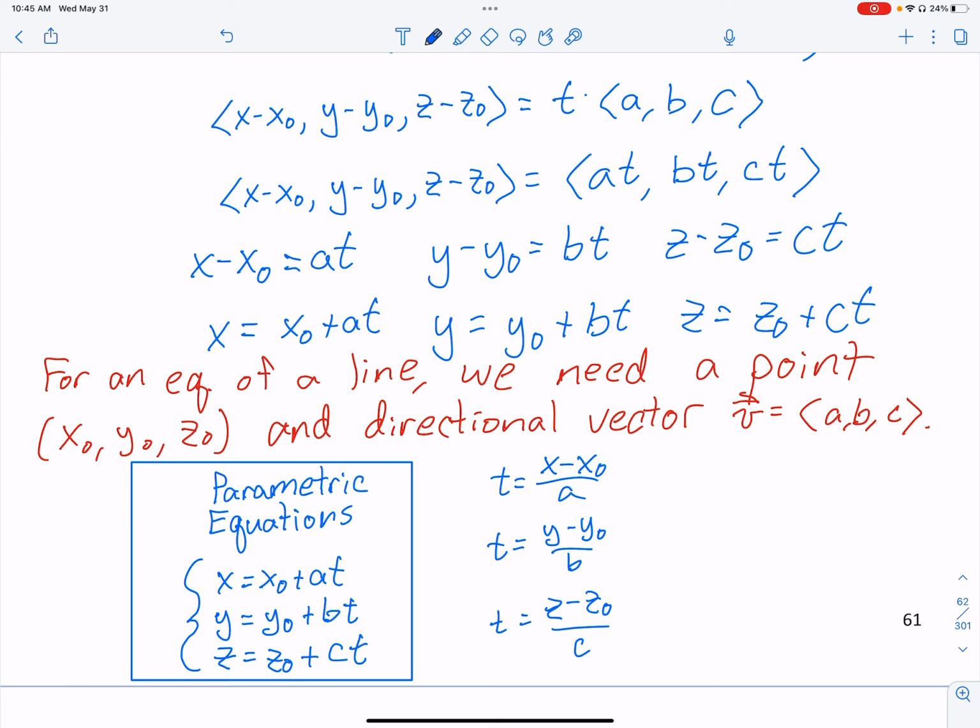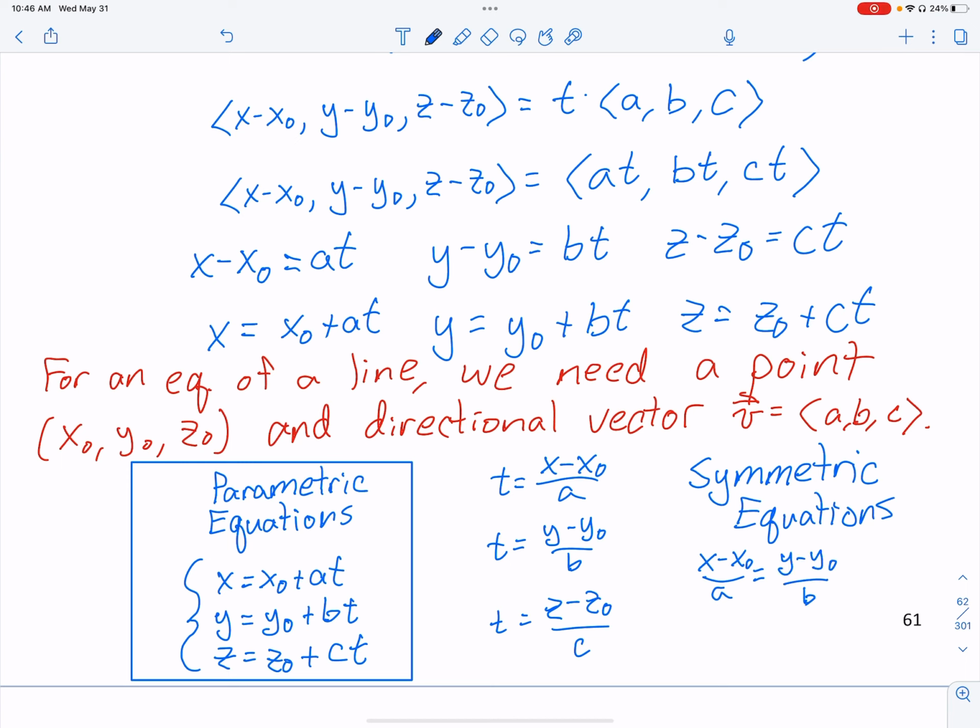Notice those are all equal to t. These are called symmetric equations. And we write one equality all the way across. x minus x naught over a equals y minus y naught over b equals z minus z naught over c.